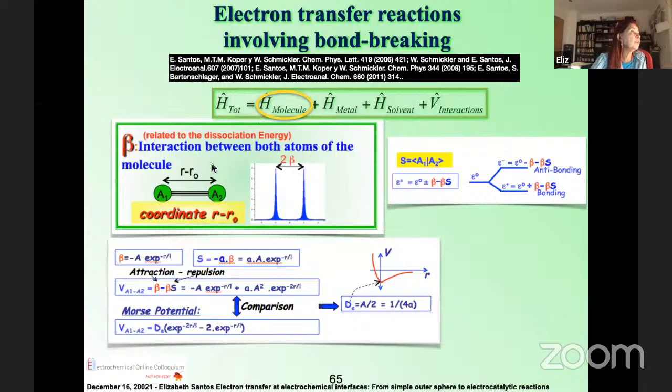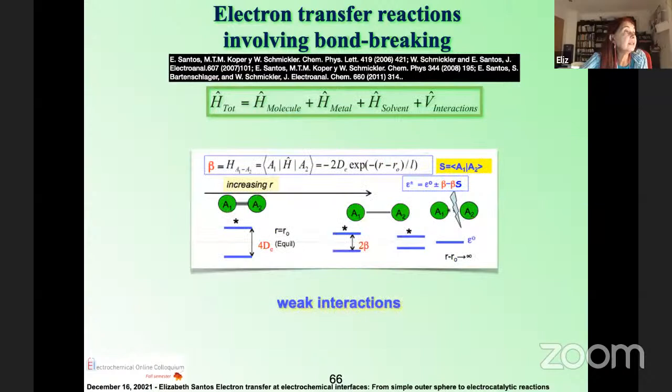We put an interaction between the atoms that depends on the distance between the atoms, and it has a form similar to the Morse potential, but we can describe it without the use of this switching operator.